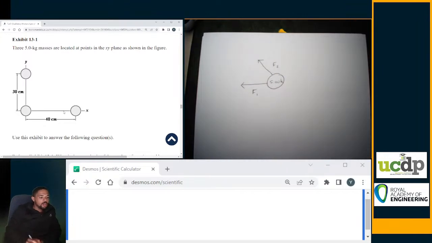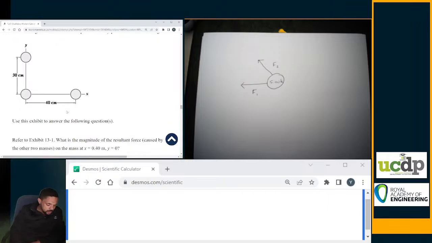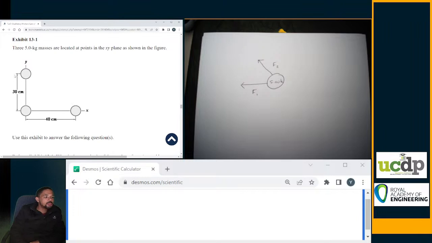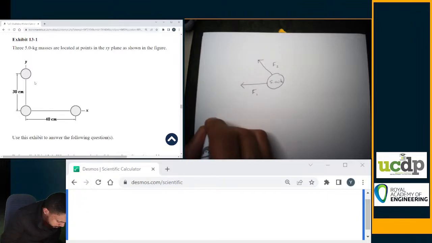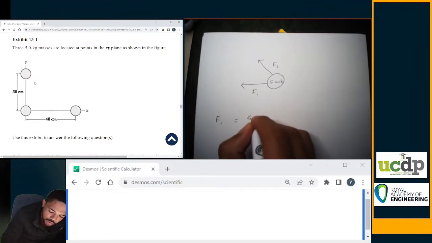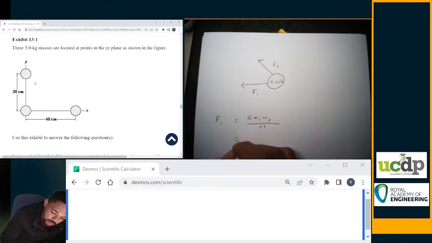Okay, now there are three 5 kilogram masses, but the distances between them are not the same. The distance between these two masses is 0.4 meters, while the distance between those two is 0.5, if you remember your Pythagorean theorem. Okay, so the force F1 is equal to G M1 M2 over R squared.